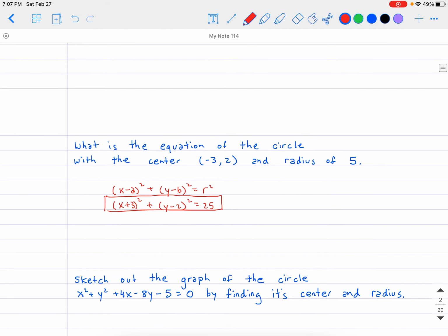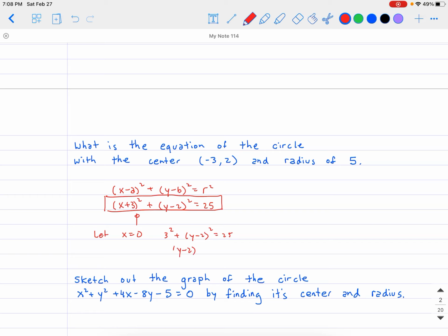Here's what I mean. So for example, over here, what I can do is maybe plug in some points to see what are some coordinates that are going to be in the circle. So for example, maybe I can let x equal 0. And then as a result, I can solve what y is equal to. So if x is equal to 0, then I'm going to get 3 squared plus y minus 2 squared is equal to 25.